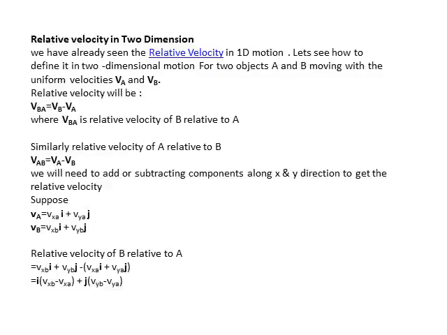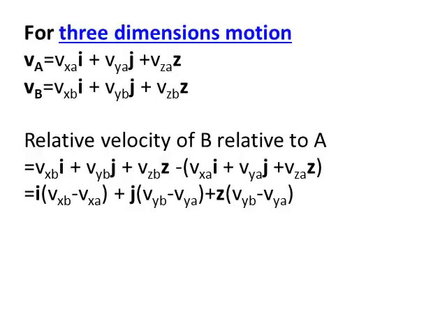So the relative velocity will be i cap into (VxB minus VxA) plus j cap into (VyB minus VyA). And similarly, for 3 dimensions, there will be an additional component of velocity along the z-axis, and you have to take care of that also, giving the z component of relative velocity as VzB minus VzA.